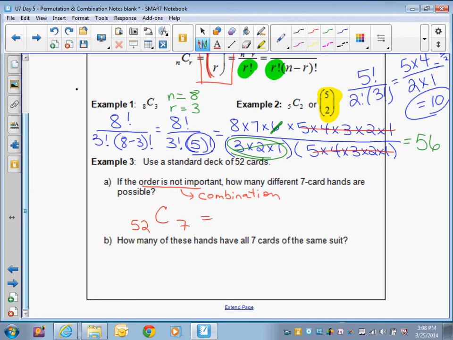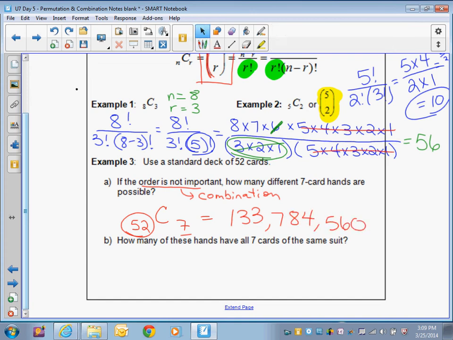So when we put that in our calculator, since it will be very large to count down from 52, use your calculator, math, scroll over to probability, option 3. Make sure on your home screen you're typing in your 52 first. Then go to math, scroll over to probability, option 3. Then type in the 7 and hit enter. You should get 133,784,560. And that is a lot of choices.